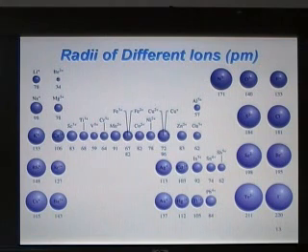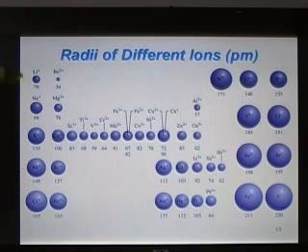Now, by looking at the periodic table, you can't easily tell a trend in the sizes of ionic radii. I just want to point out the following. As you go down a group, the general trend in ionic radii is the same as atomic radii.